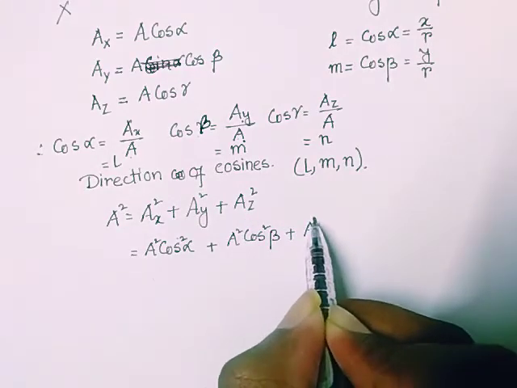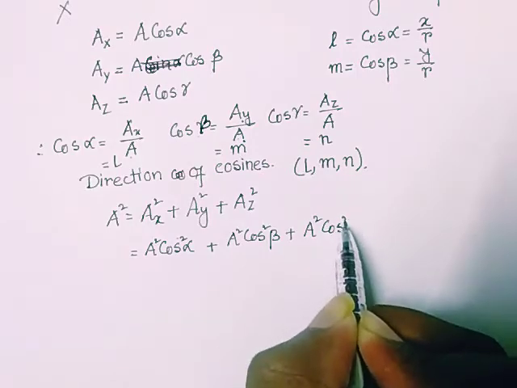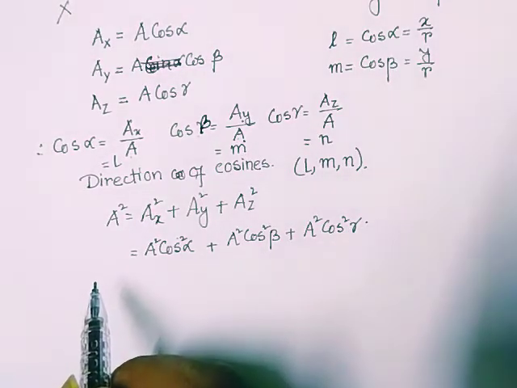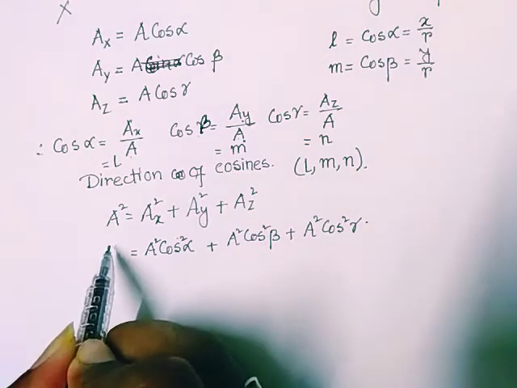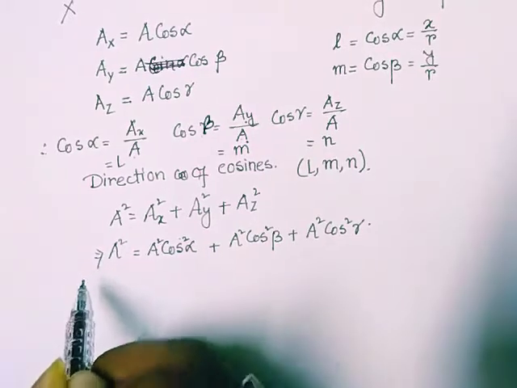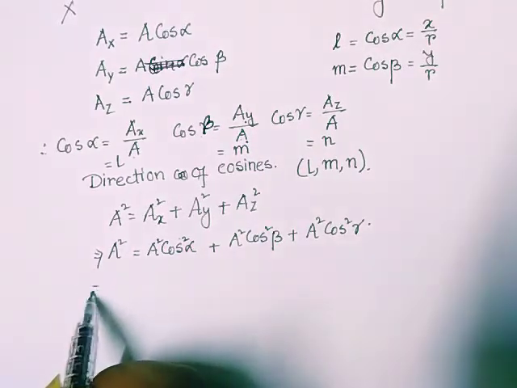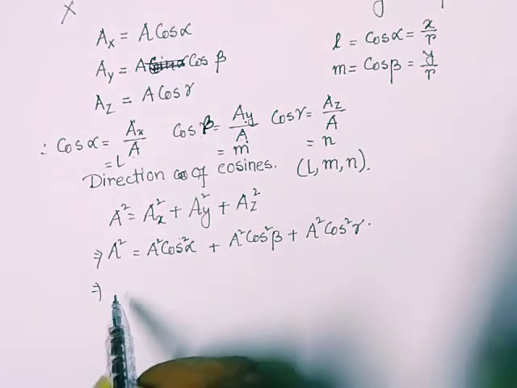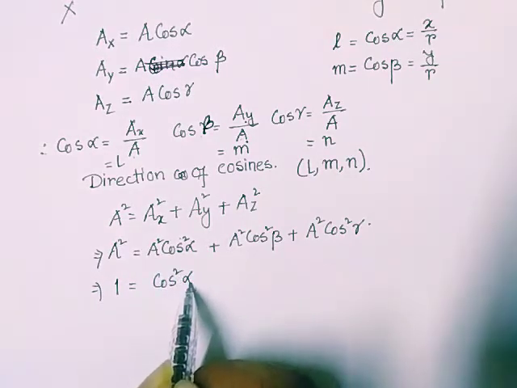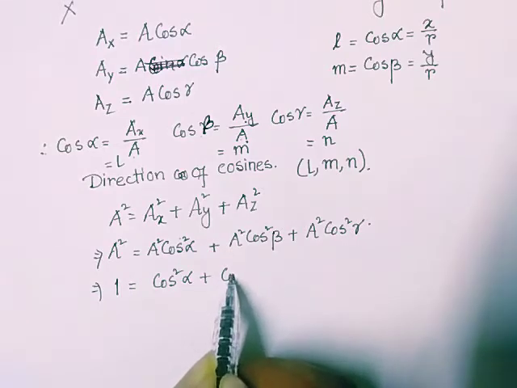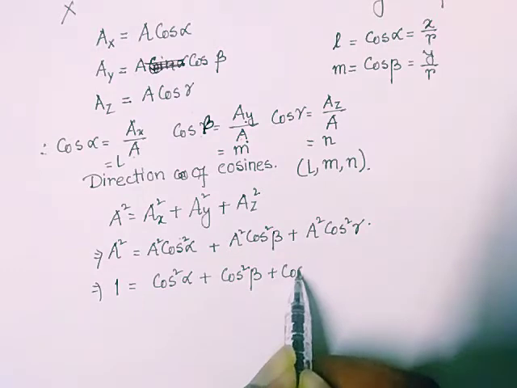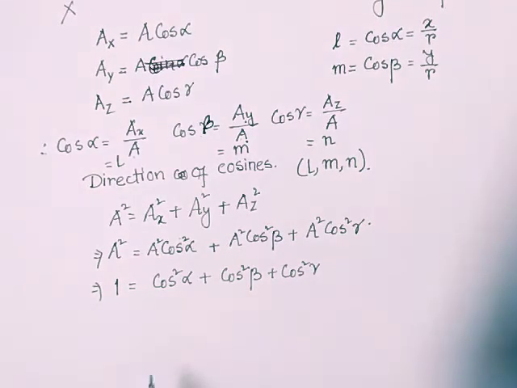Az is A square cos square gamma. So here we can write this is A square. If I take A square common from both sides and cancel it out, we get a relation: cos square alpha plus cos square beta plus cos square gamma equals 1.